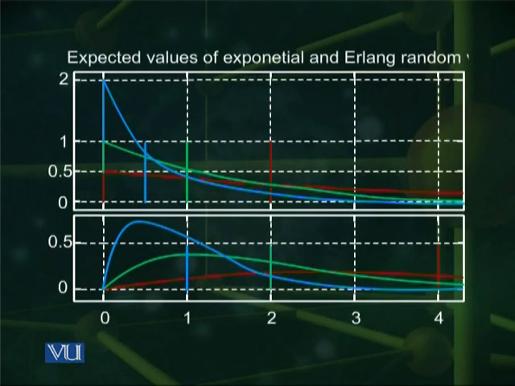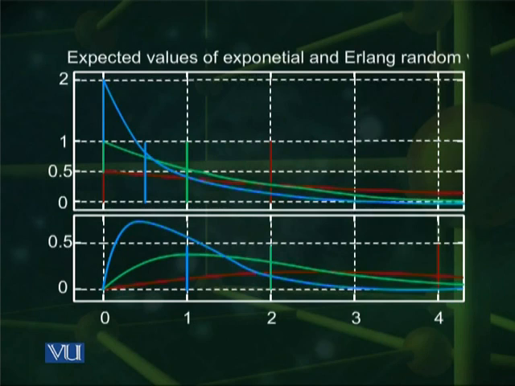The exponentially distributed random variable with lambda equal to 0.5 is shown in red, and it has the expected value of 1 over 0.5 or 2. So this is represented with a thick vertical line at 2, shown also in red color.